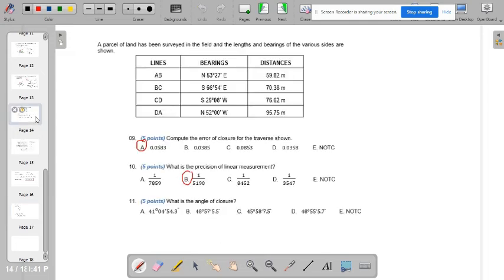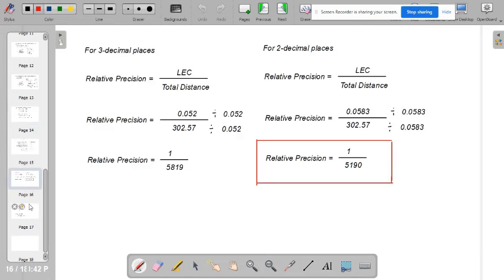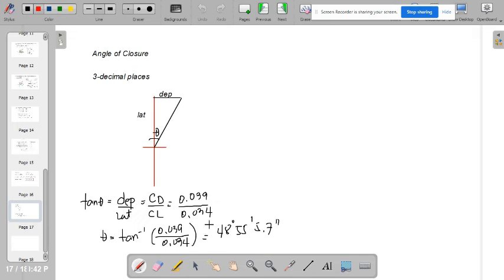Now, kung titingnan natin dito sa ating choices, meron siyang 48 degrees 55, no? So, what you have to take note of carefully is the decimal places. Dito sa theta ang nakuha nating correct answer, ginamit natin yung 3 decimal places. Okay, let's try the 2 decimal places. Tingnan natin kung pareho lang ba ang kalalabasan.